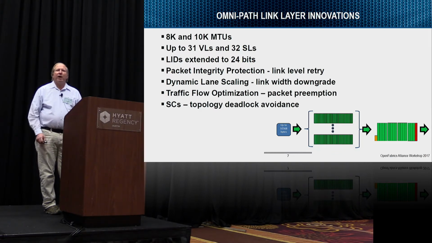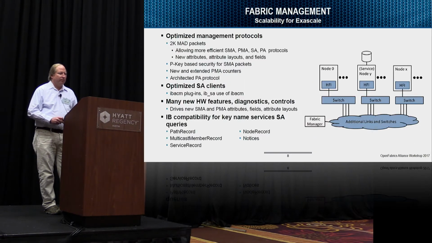One of my colleagues will be talking a little bit about some of our routing algorithms later this week. This technique lets us do it in a single service level, so we don't have to have multiple service levels in order to identify different virtual lanes that will be traversed during the fabric. That's another element that we've innovated on that trickles into some of the routing algorithms and some of the other features that we're upstreaming.